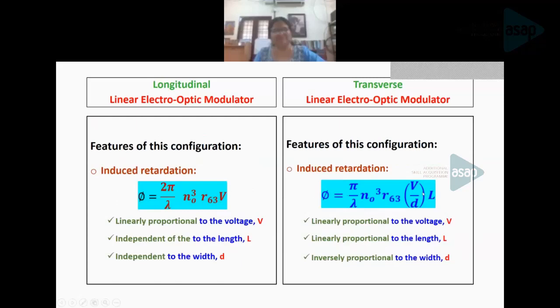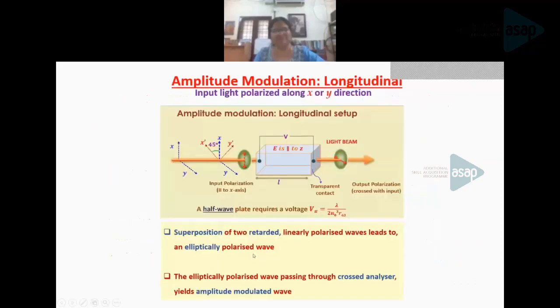So we can control the size of the medium and control the phase retardation in the transverse case, but it is not possible in the longitudinal case. Now, phase modulation is over. Now we move on to amplitude modulation, which is only for the longitudinal configuration.